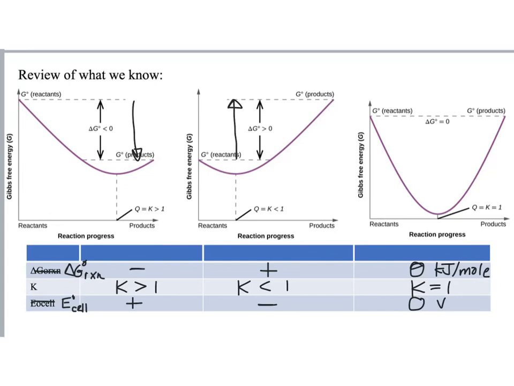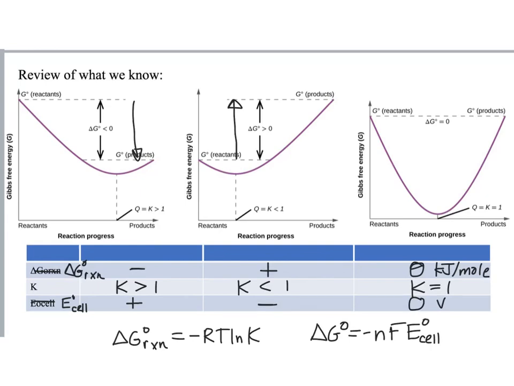We also now have two different equations that allow us to relate Gibbs free energy to the equilibrium constant. And we have another equation that allows us to relate Gibbs free energy to cell potential at standard conditions.